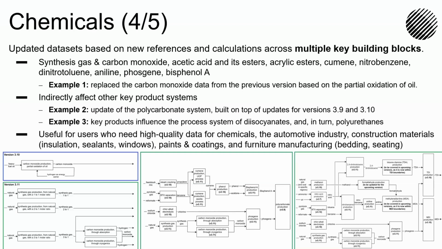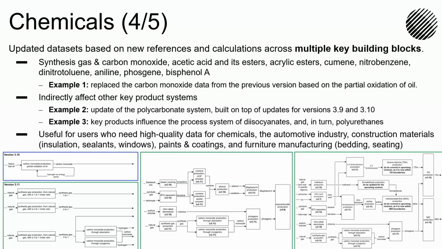As a last example, we have updated key chemical building blocks in the process system for diisocyanates, which are the main precursors of polyurethanes. We have updated data sets for several of the precursors, such as carbon monoxide, phosgene, and nitrobenzene.